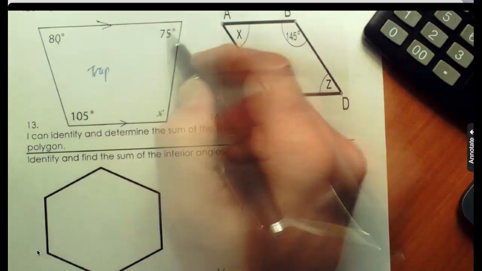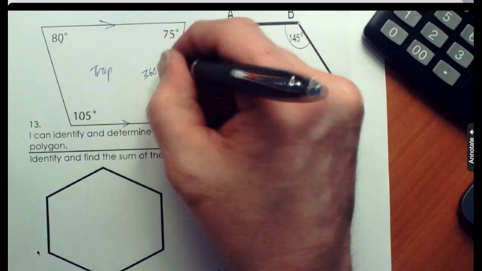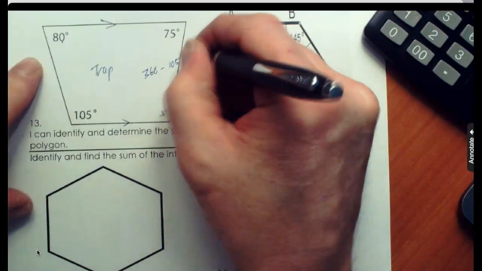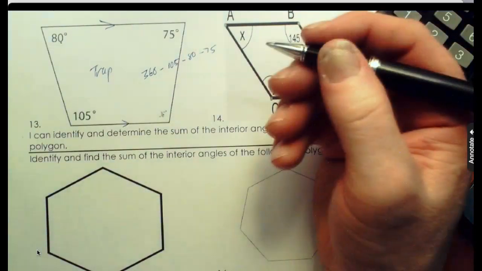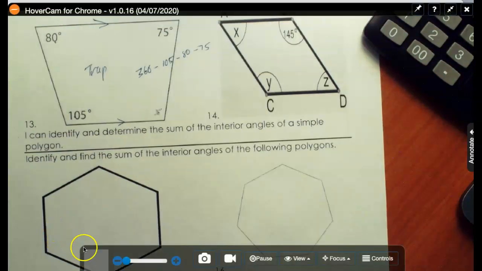We know that in any quadrilateral, there's 360 degrees in total. So I can just take 360 minus 105 down here, minus 80, minus 75 degrees, and we can get that. Give me a second here.